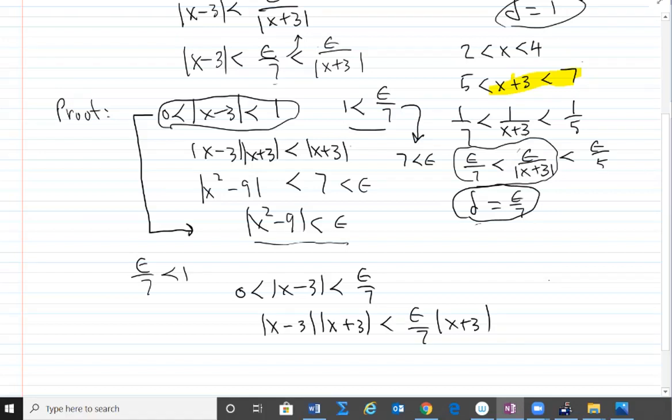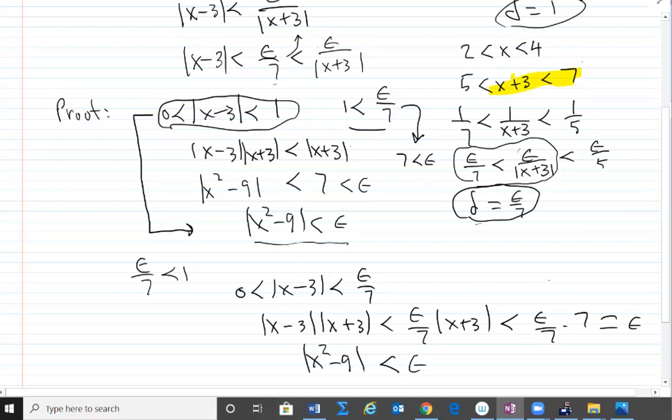Okay, so this is less than epsilon over 7 times 7, which is epsilon. So we have this statement, which is what we wanted. So this statement here now implies this one also. So that's how you finish the proof.